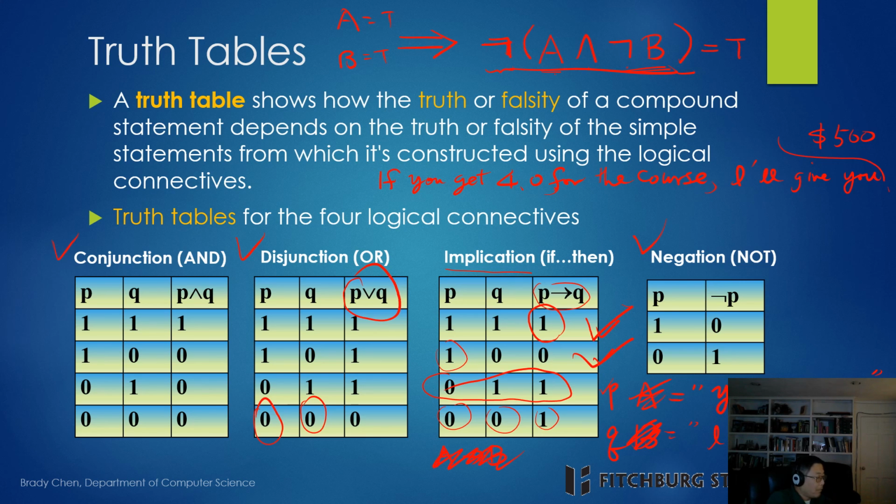Now, how can we interpret this third case? P is false. That means you don't get 4.0. And Q is true.